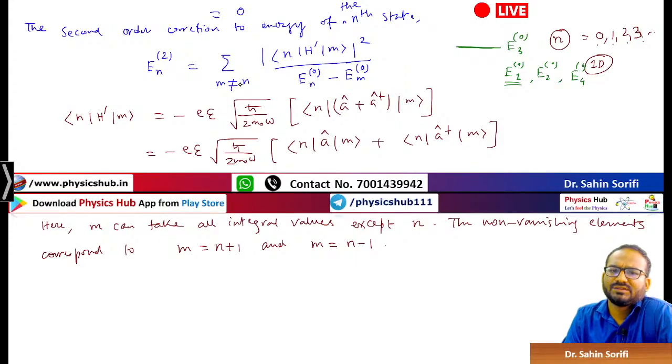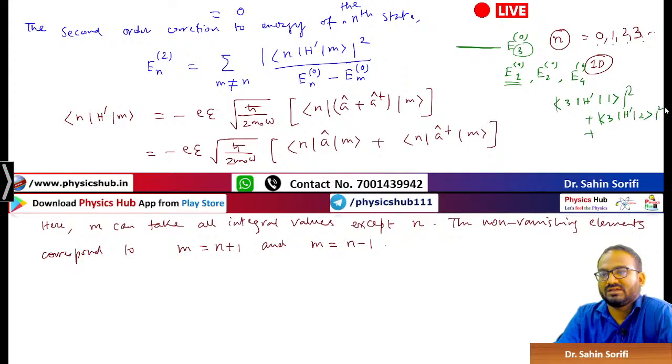In the numerator also, n will remain n when you choose. So for the first term, let's say you are calculating in the third state E30, the numerator will be 3 H prime 1, squared, and everything will remain, and here also you will put the energy as required, plus the next term will be 3, this n will remain fixed, H prime 2 we can use, then squared, obviously squared, and some constant is there.